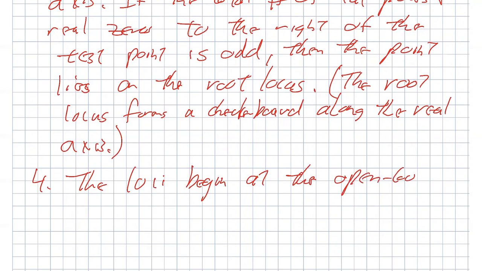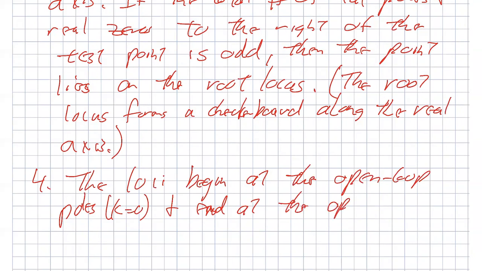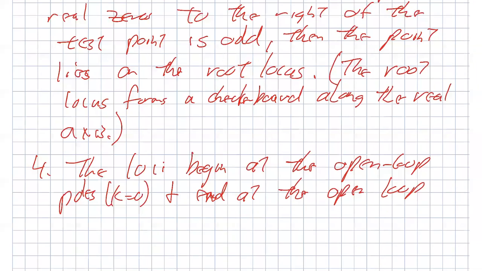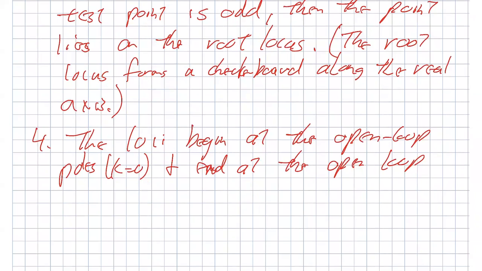I keep writing the same thing here, but maybe this is important: K equals 0 at the open loop poles, and the loci end at the open loop zeros. At the open loop zeros, K equals infinity.